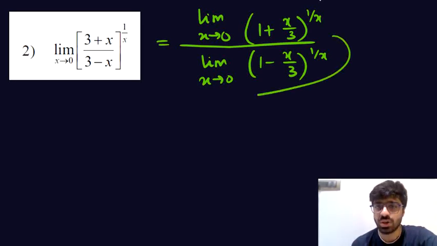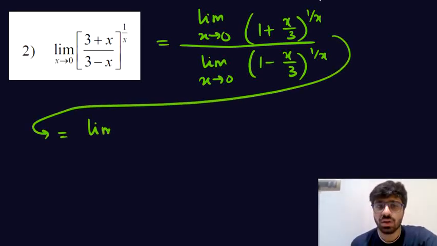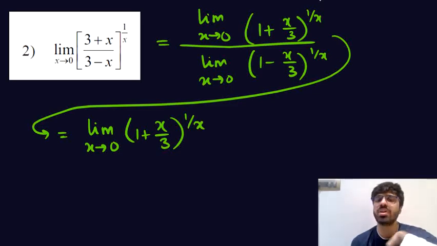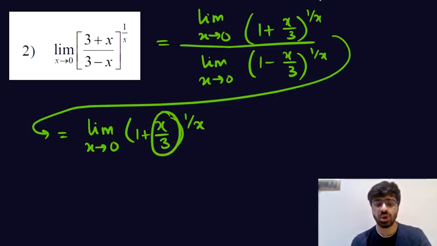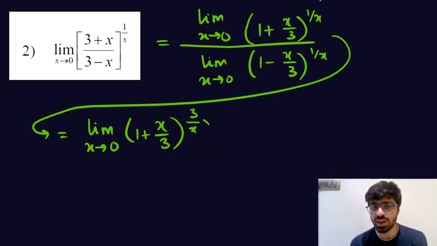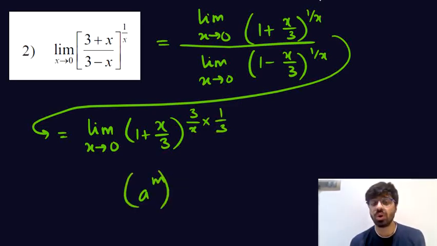So one limit goes to the numerator, one limit comes to the denominator, and that finally is the value of this expression. To simplify that further, you have in the numerator limit of x tends to 0, 1 plus x upon 3 the whole power 1 upon x. Now see, the problem is here you have x upon 3. So the power should be 3 upon x, but it is 1 upon x. We will write it as 3 upon x, but into 1 upon 3. Now a power m into n is like a power m the whole power n.